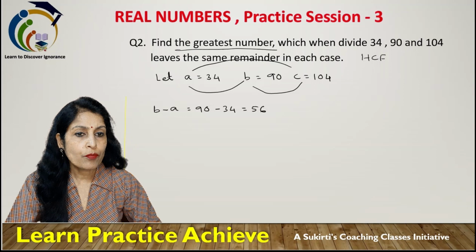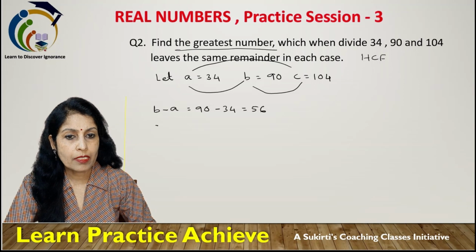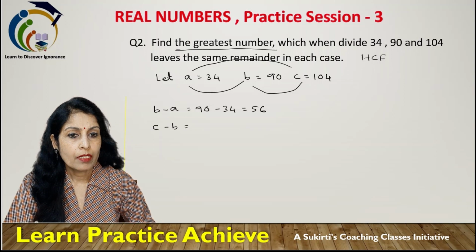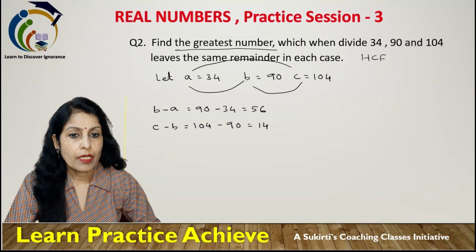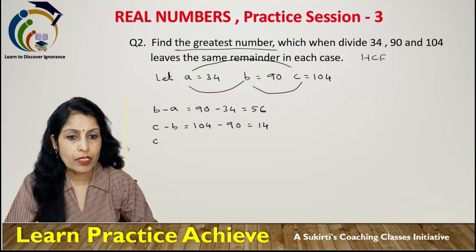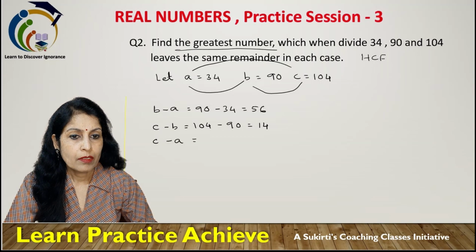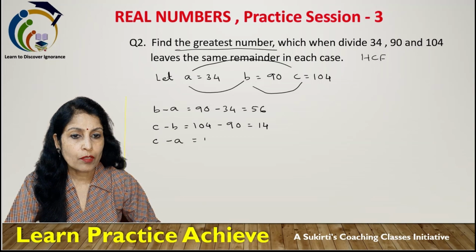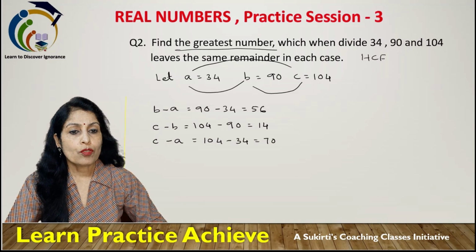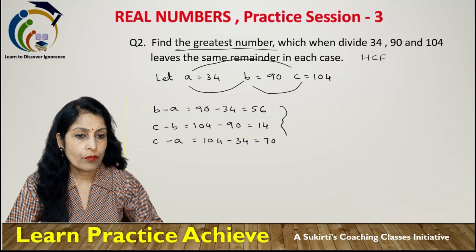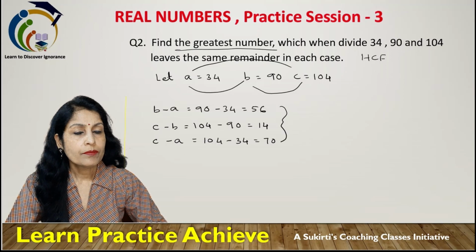Then C minus B, that is 104 minus 90, you will get 14. And third, because 104 is bigger than 34, C minus A, that is 104 minus 34, so you will get 70.